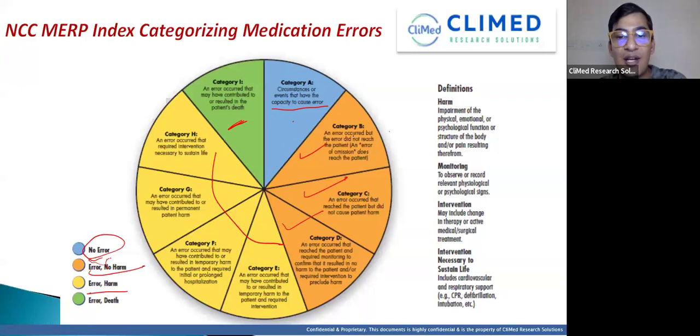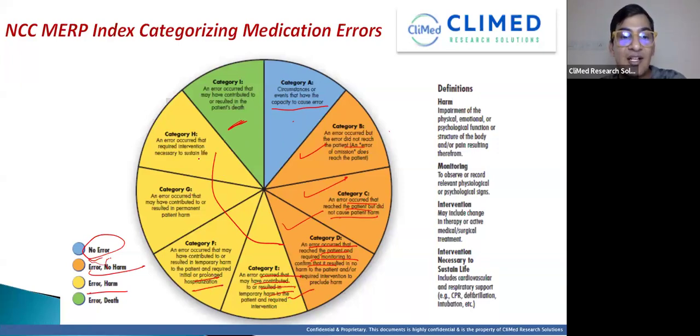B is an error that occurred, but the error did not reach the patient. C is an error that occurred and reached the patient but did not cause any potential harm. D is an error that reached the patient and required monitoring to confirm it. Okay, E is an error that may have contributed to or resulted in temporary harm, and F is where the patient needs hospitalization or prolonged hospitalization.